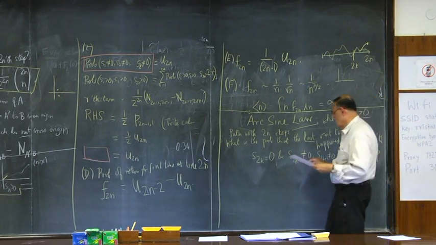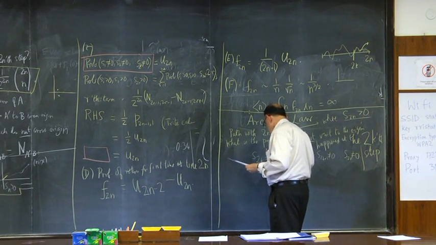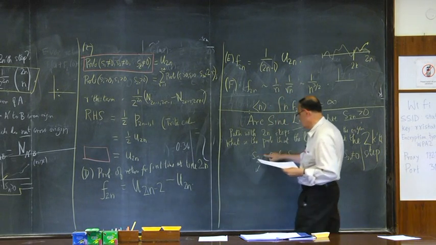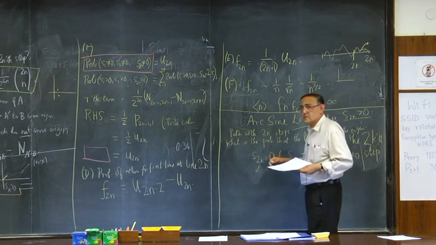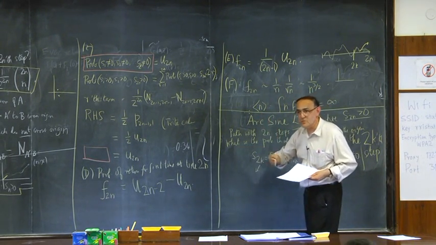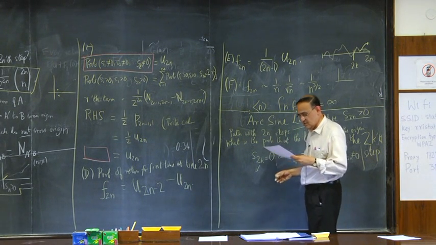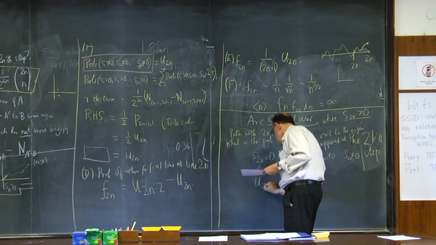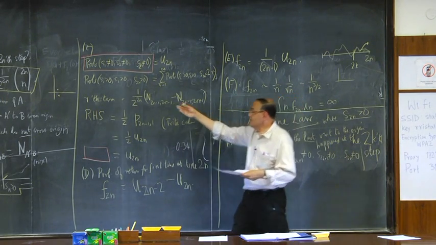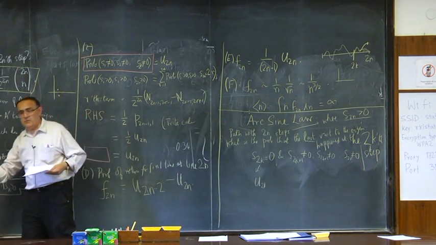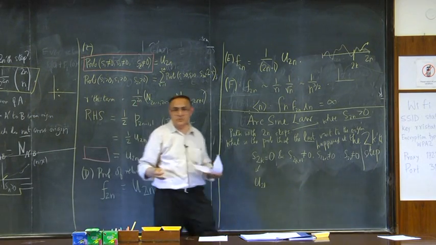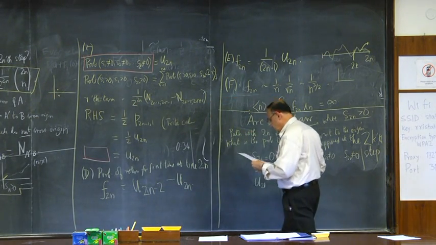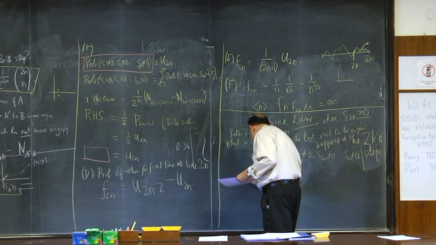Okay, but what is the number of such paths? All we are insisting is that S2k is 0. In other words, at time 2k, the walker is back to the origin, but this is simply U2k. U2k, by this formula, is the probability that you are back to the origin at time 2k, except you have to multiply by, since you want the number of paths, 2 raised to 2k.